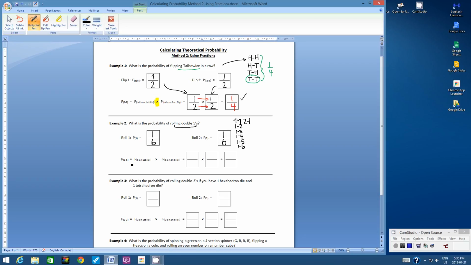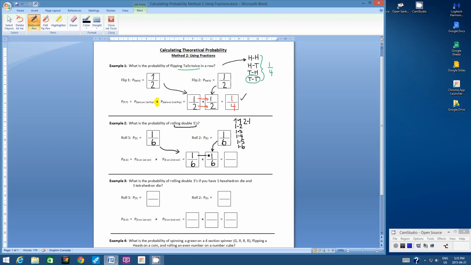Let's jump down to the next line. The probability of rolling a 5 and another 5 equals the probability of 5 on the first roll, which is 1/6, times the probability of 5 on the second roll, which is 1/6.